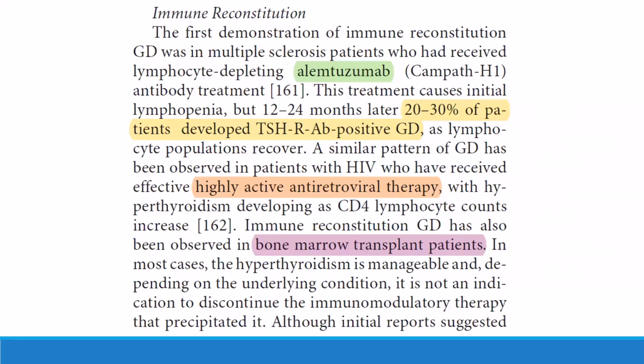About 20 to 30% of patients receiving this drug will develop TSH receptor antibody positive Graves' disease. This drug is very important because thyroid dysfunction as a side effect is very common, and I will cover it in a specific guideline published by ETA.